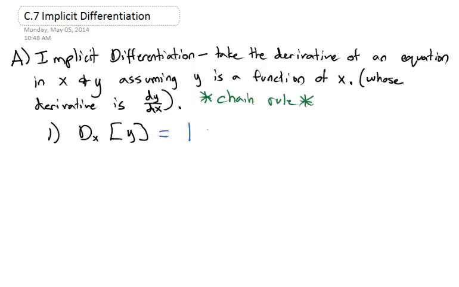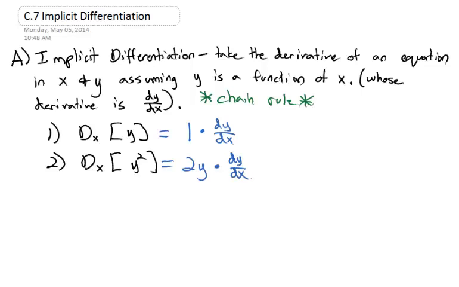The derivative of y is dy dx. So we're treating y like it's this mysterious function. In other words, if we want to take the derivative of maybe y squared, we can take the derivative of the outside, which is 2y, times the derivative of the guts. And the derivative of y is dy dx.